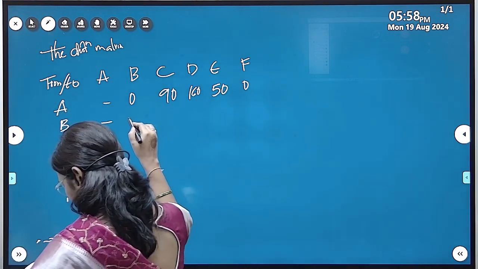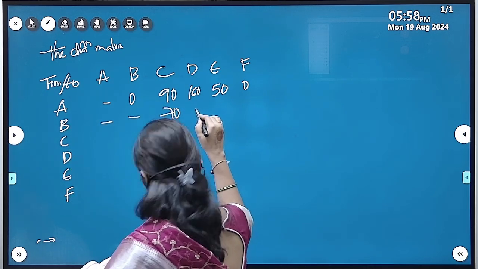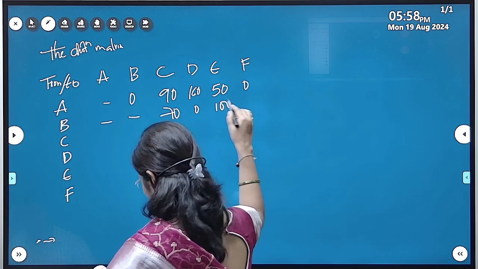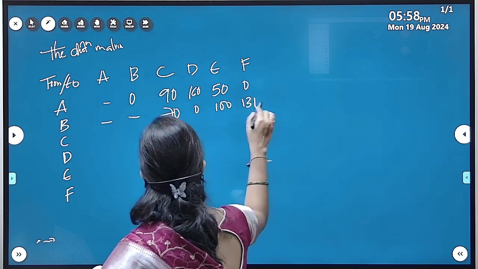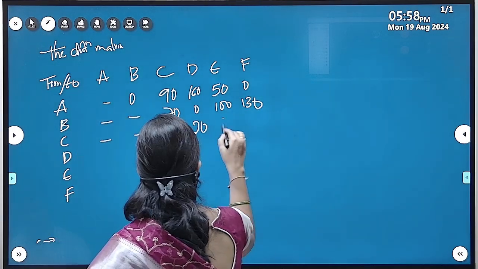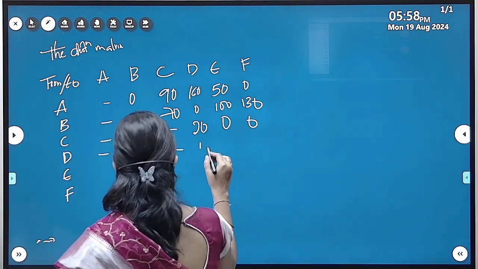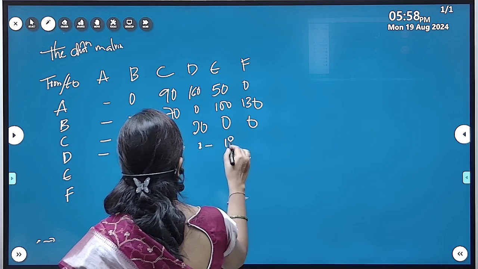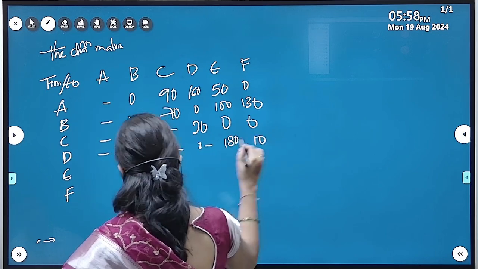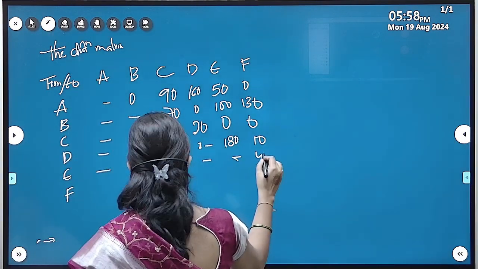And the second one. Tell me B1. 70. 0, 100. 130. 20, 0, 0. 180 and 10 and 40.